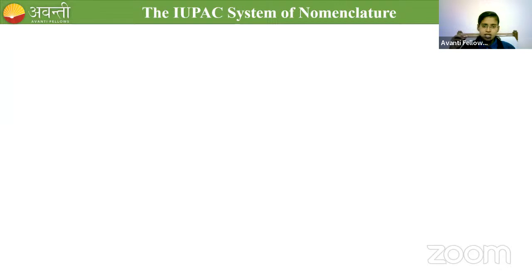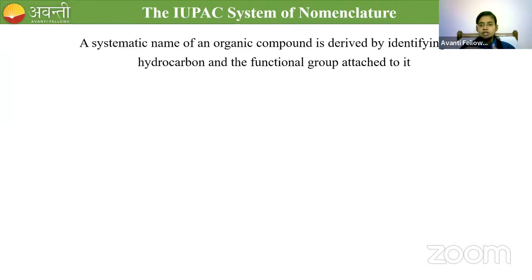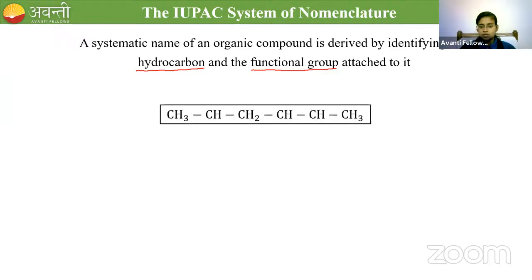Before entering into the rules, I would like to give some more information. As I have already said, it is a systematic name of an organic compound. It is derived by identifying the hydrocarbon and the functional group attached to it. Listen, this is not the complete compound.